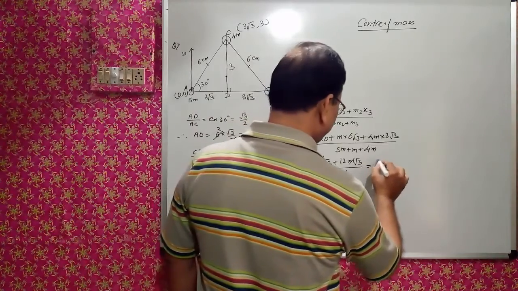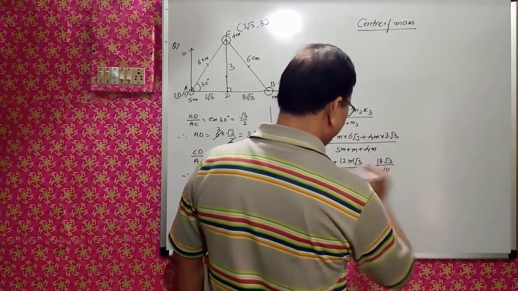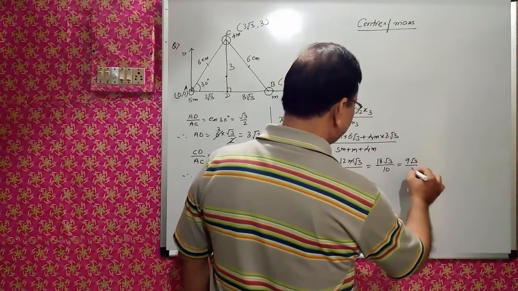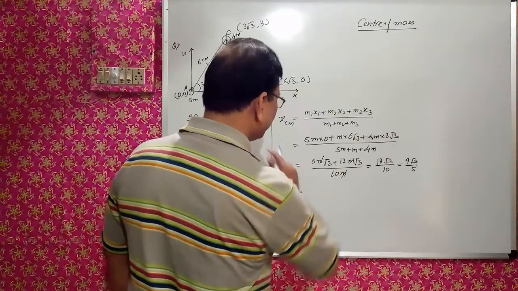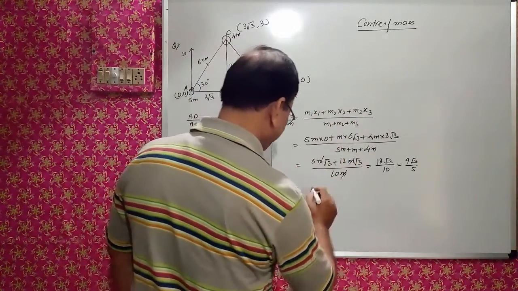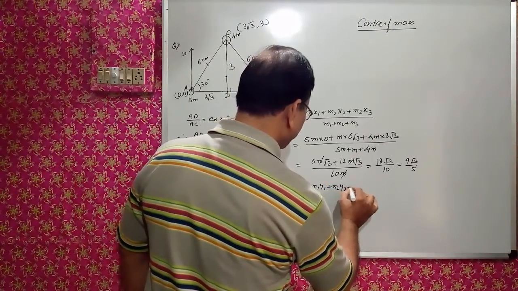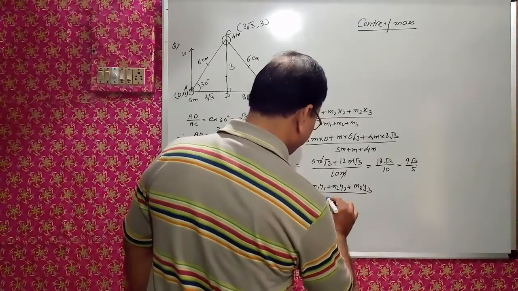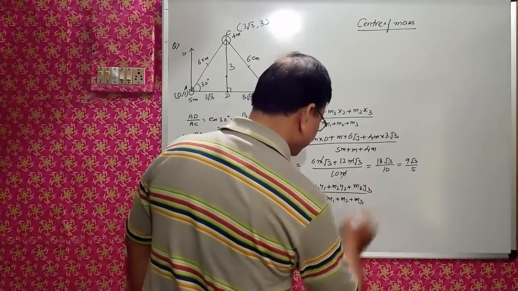So, this will be 18 root 3 upon 10, or 9 root 3 by 5. So YCM is equal to, again in place of x there will be y. So m1 y1 plus m2 y2 plus m3 y3 upon m1 plus m2 plus m3.